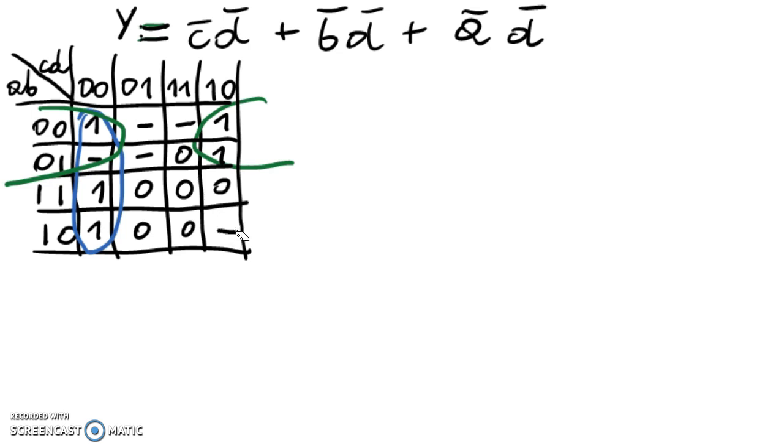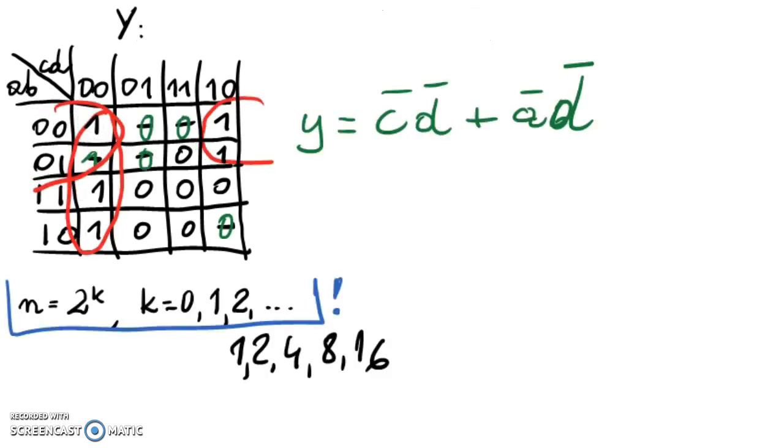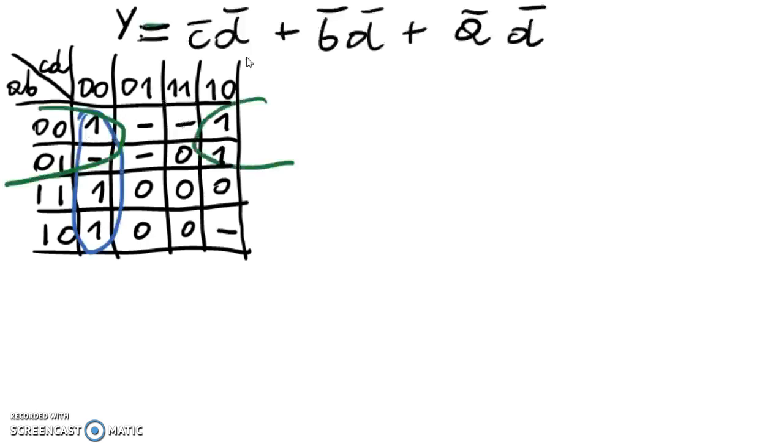As you can see, the symbol means don't care. So now you've got the same as in the previous situation. Only two groups are needed. The red one, B and D, is not needed. So that's all.